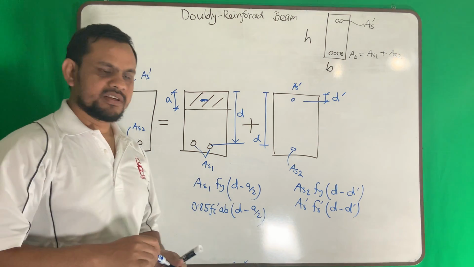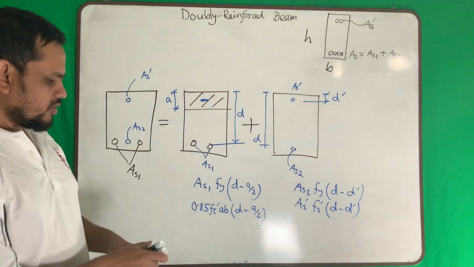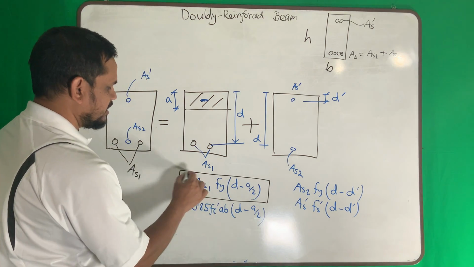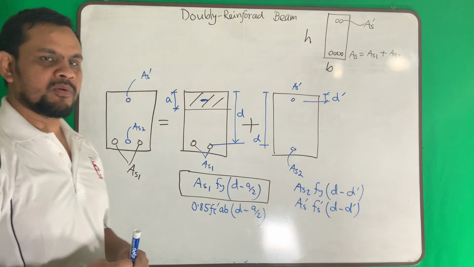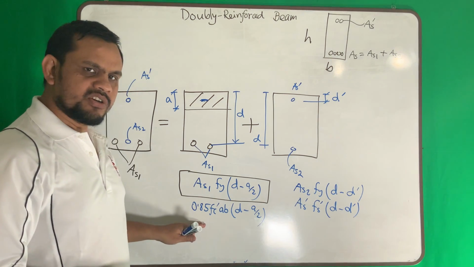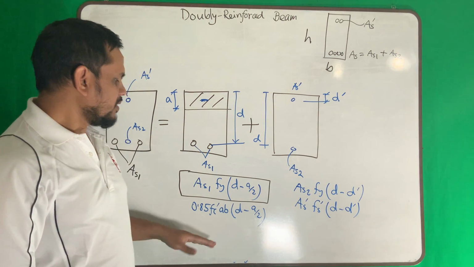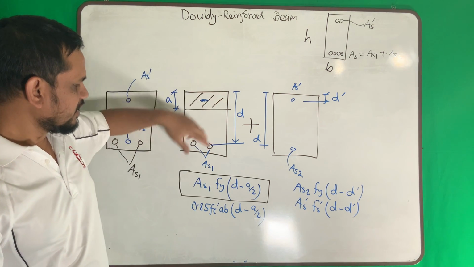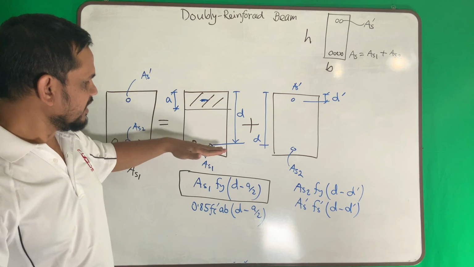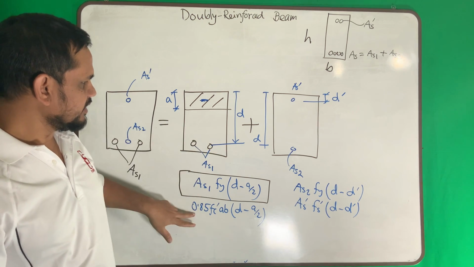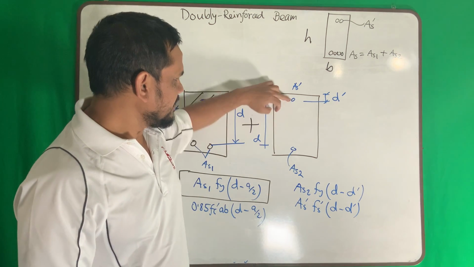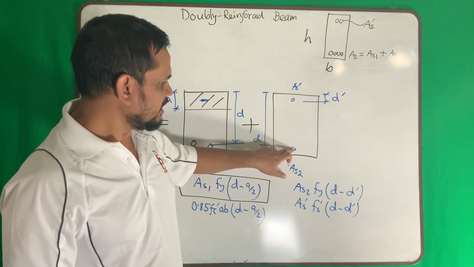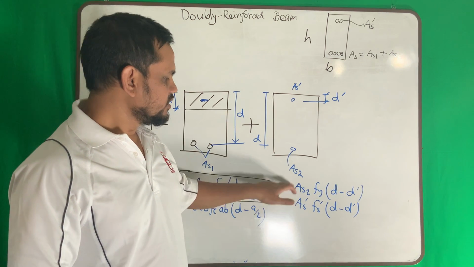We know this equation. So this equation is very popular. You know that we use this equation to find the moment capacity. We can use this equation also, no problem. These two are equal, these two are equal. If I take moment here, I'll get this one. If I take moment here, I'll get this one. So both are equal.